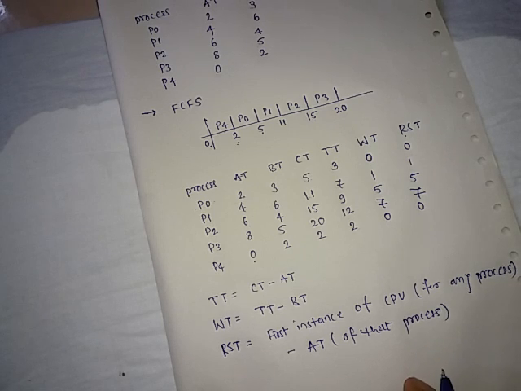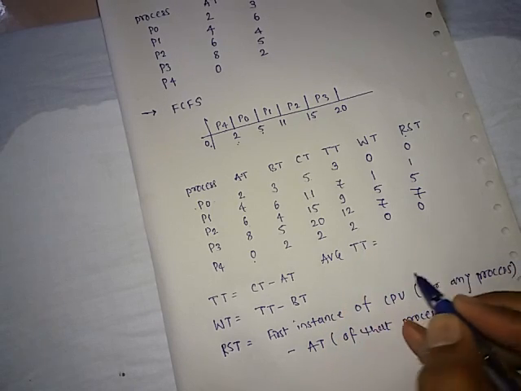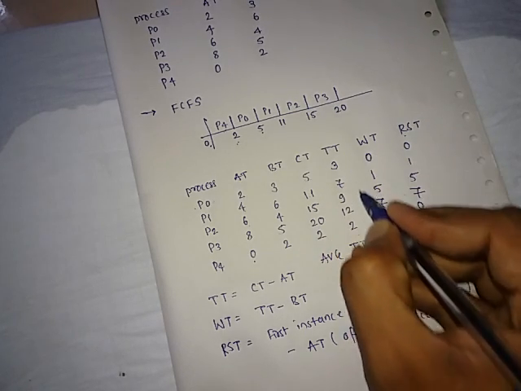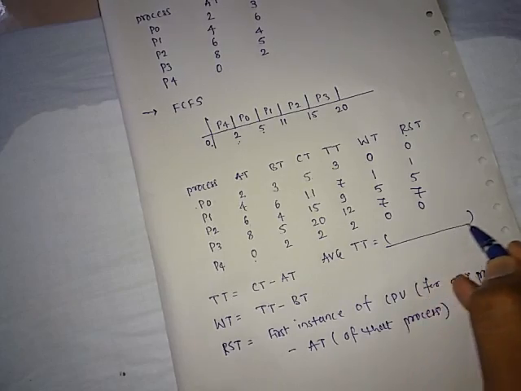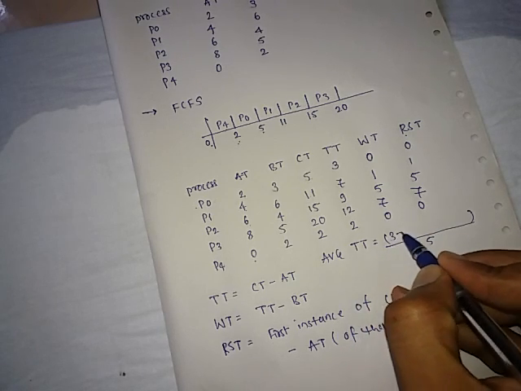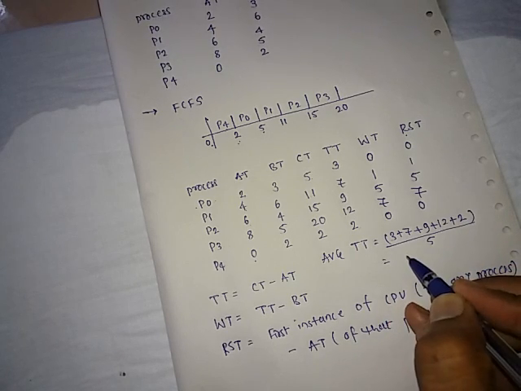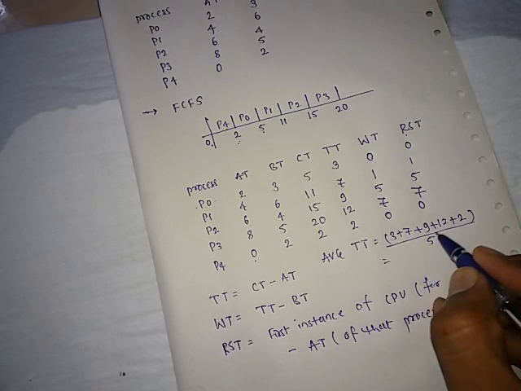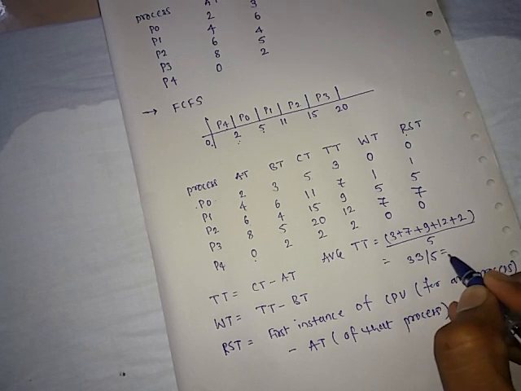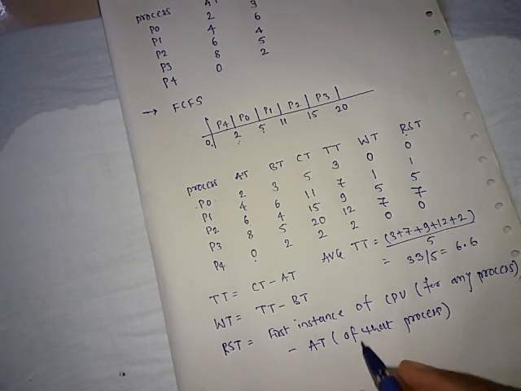Now the most important part: you have to calculate the average turnaround time for this table. The average turnaround time can be calculated from this column divided by the number of processes. Here the number of processes is 5, so divide by 5. This becomes 3 plus 7 plus 9 plus 12 plus 2, and the answer is 33 divided by 5, and this becomes almost 6.6.